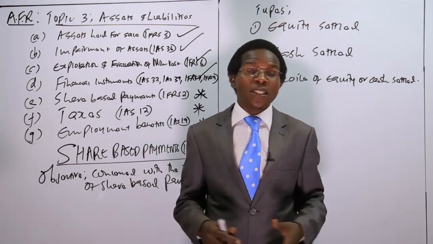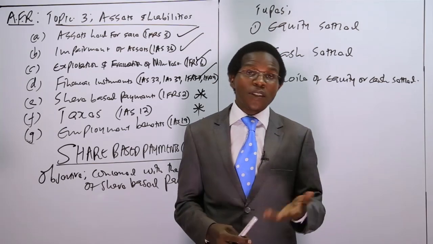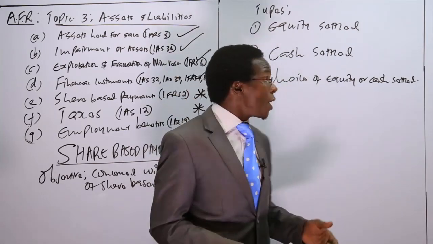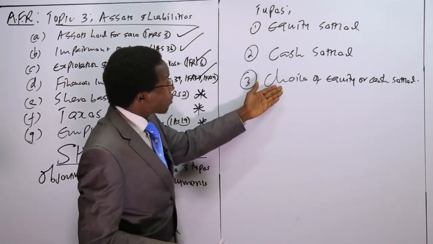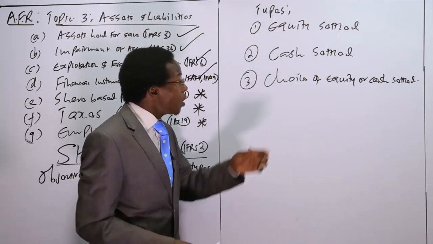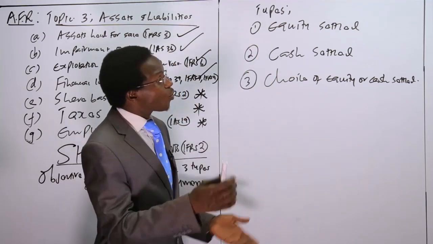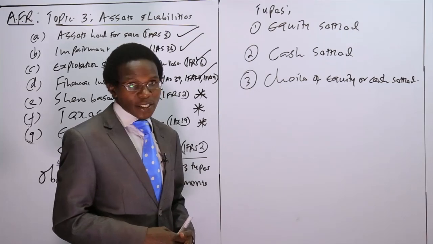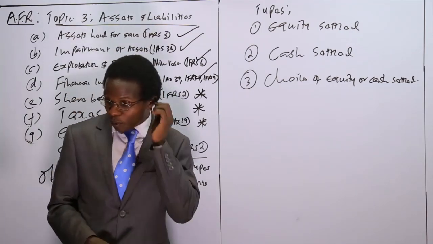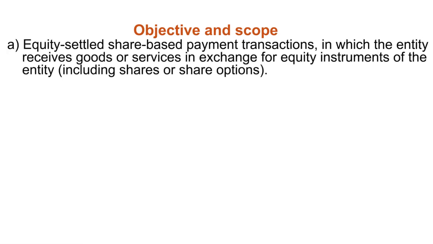This is one of the shortest standards. Remember, if you are able to remember the three types, where we have equity settled, cash settled, and a choice of equity or cash settled, it will be very important.